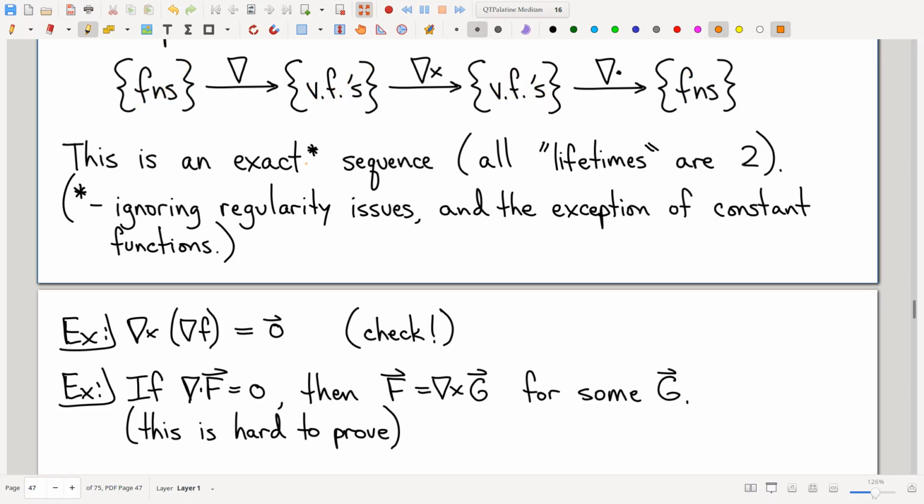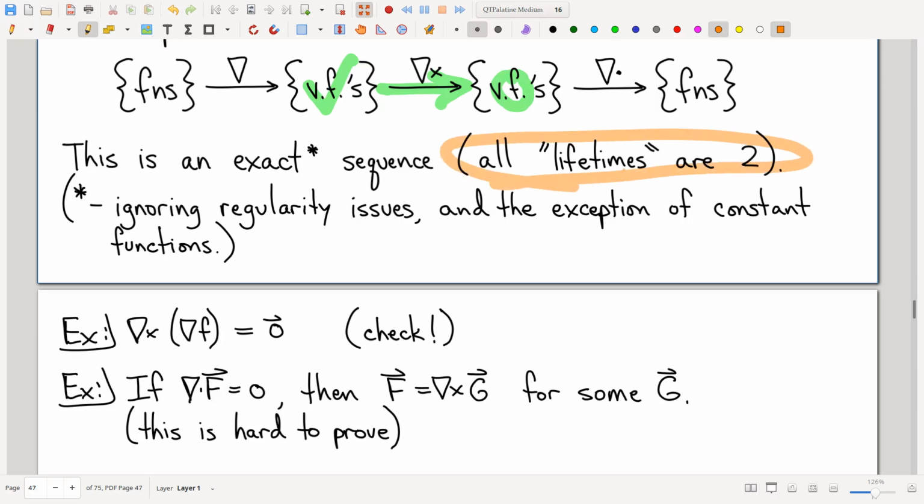Okay, cool. And here's that result, and you can plug and chug and confirm that that's true. Here's a harder one to check. I claim that if you have a vector field, and when you compute the curl you get 0, well, I claim all lifetimes are 2.